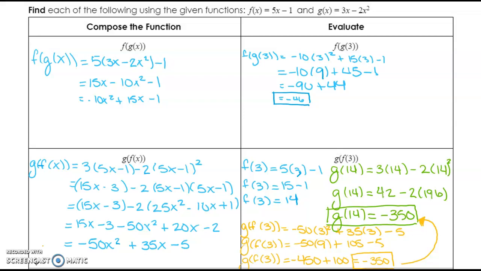So if it's just asking you to evaluate your function, one method might be quicker than the other. So keep that in mind. You can use either one though, whatever is most comfortable for you and whatever makes the most sense to you, go ahead and use it because you're going to get the same answer anyway.